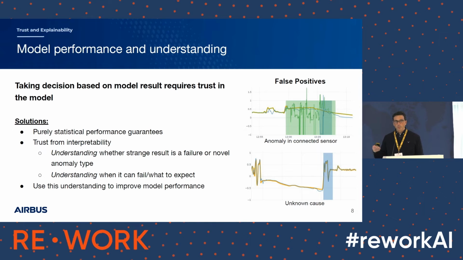And our model picked it up and translated it into some weird behavior predicted for the sensor, which was not anomalous. So while this is a false positive, it actually has value for us. However, in the picture below, we have a case where we don't know why our system failed. There is no reason for it as far as we or the engineers can understand.